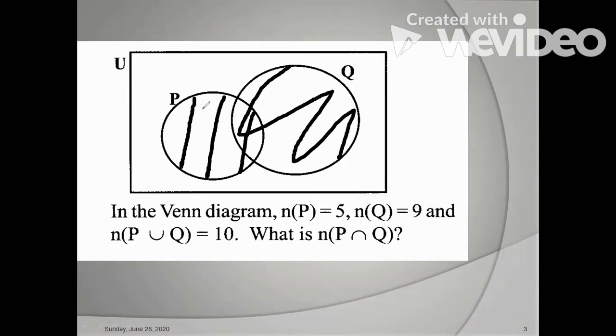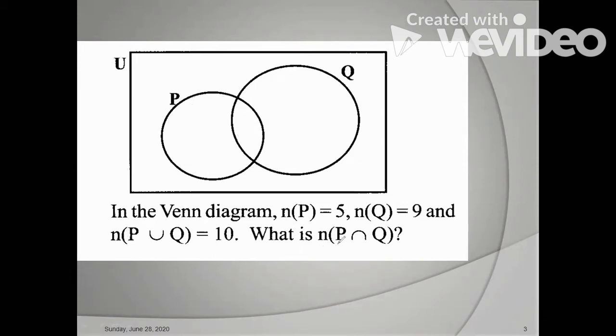This question says P union Q, which means all the elements in either P or Q, and that is equal to 10. The question is asking, what is P intersect Q? In other words, we want to know what number goes in here.